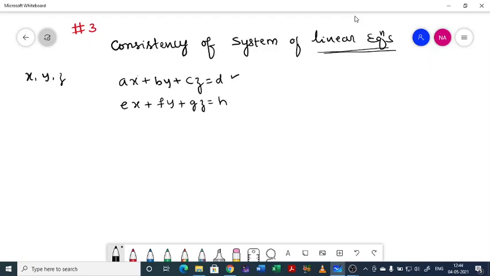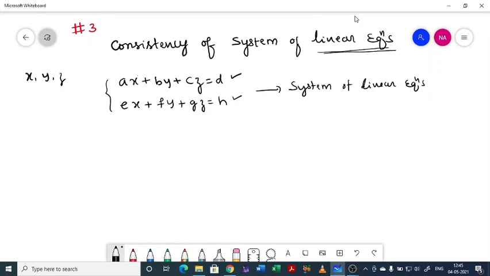So this is one linear equation and this is another linear equation. Now we have a combination of two linear equations. Such a combination, or collection, is called a system of linear equations. It is just a collection of linear equations.